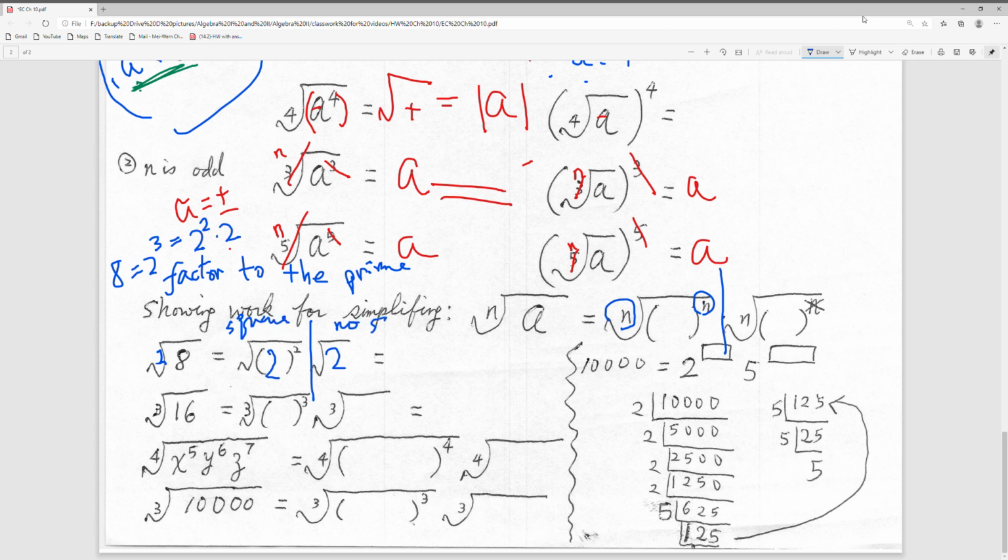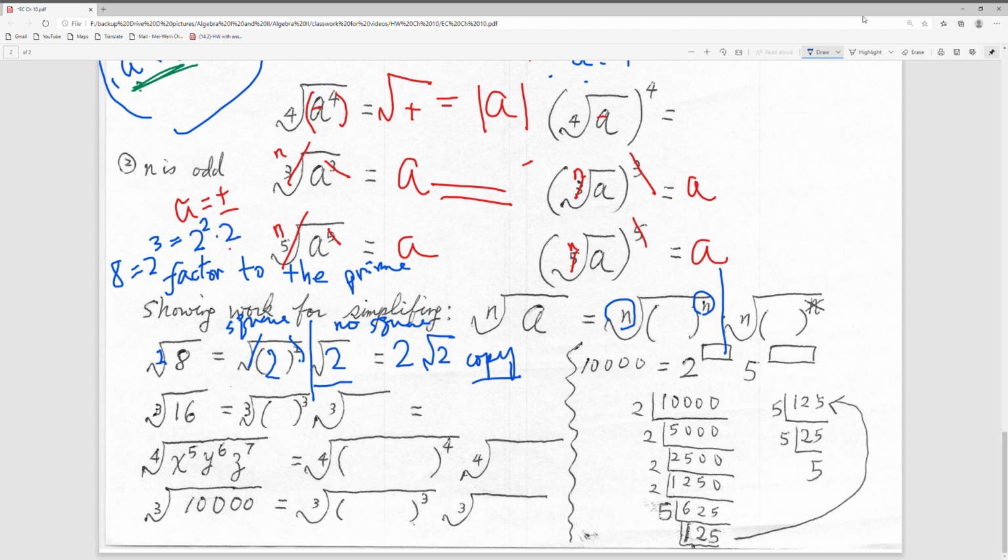Now, when you have a square, you may cancel out. So you have 2 here. And copy the second part, right? Because you cannot simplify it anymore, but you can simplify the perfect square.